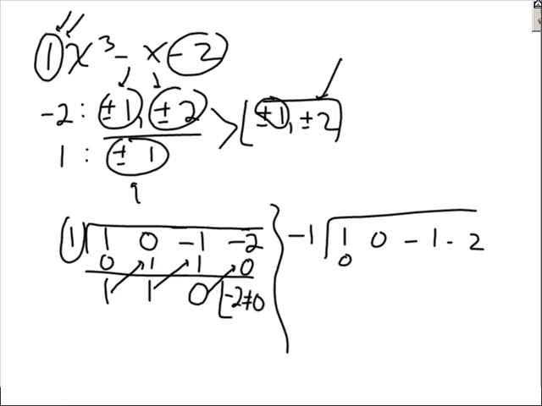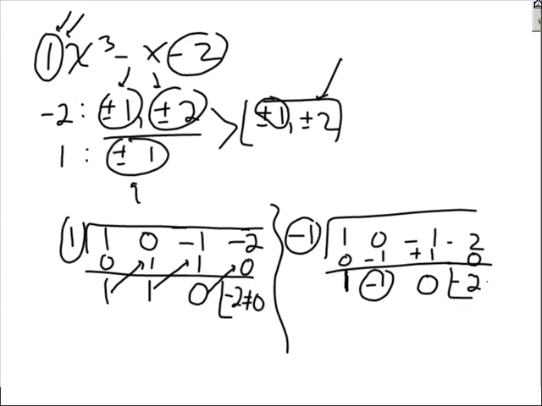Let's try negative 1. This number times negative 1 is negative 1. Add. This number times negative 1 is plus 1. Add. Negative 1 times 0 is 0. You add. You get negative 2, which is not 0. And maybe we do have enough space to do all 4 without erasing.